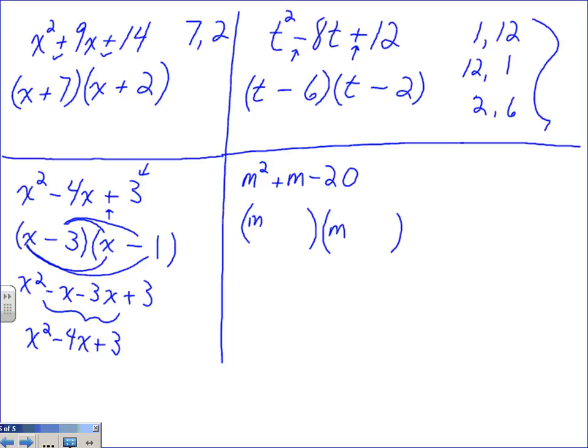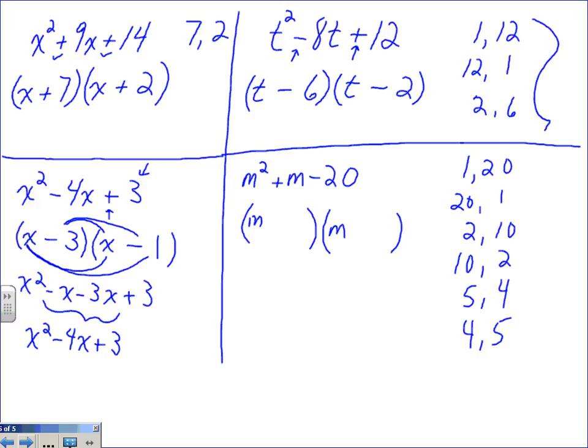Could it be 1 and 20, or 20 and 1, or is it 2 and 10, 10 and 2? Is it 5 and 4, 4 and 5? Those are the only numbers that I can multiply to get 20.